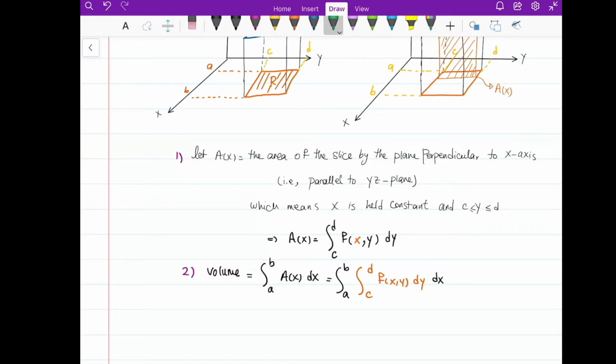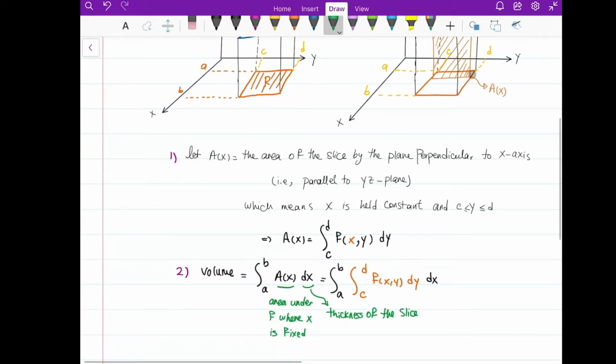So basically this is the area under the function f, where x is fixed, and the dx in here is basically the thickness of the slice, right?